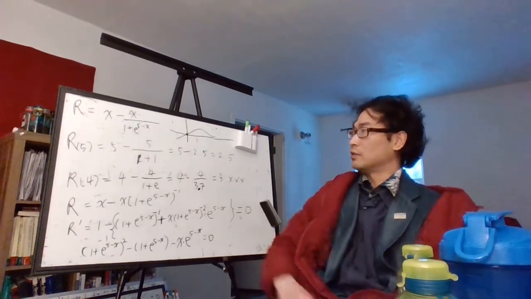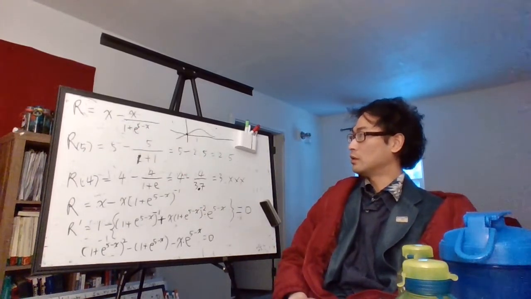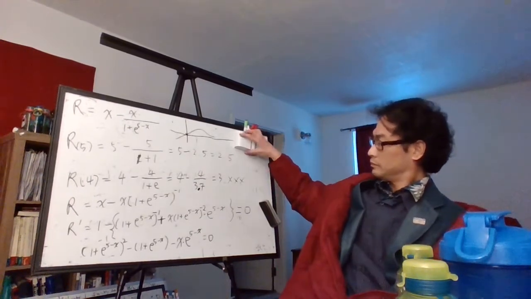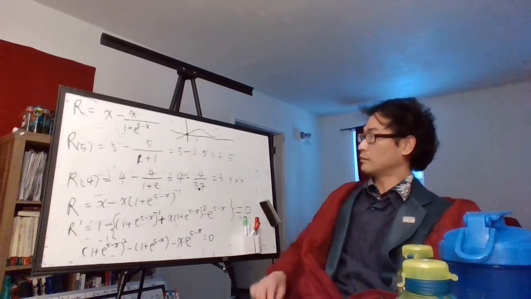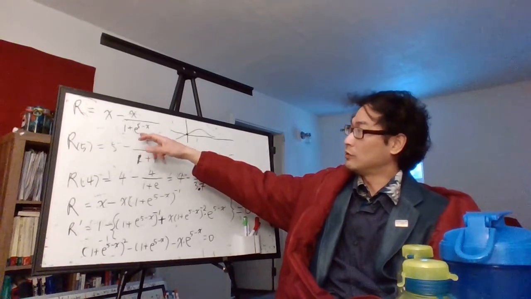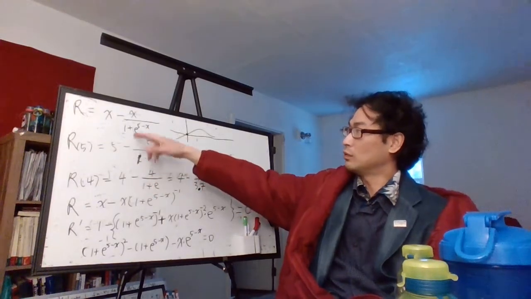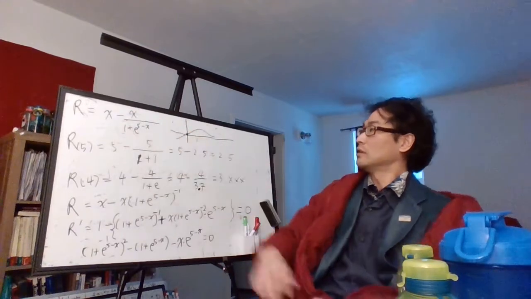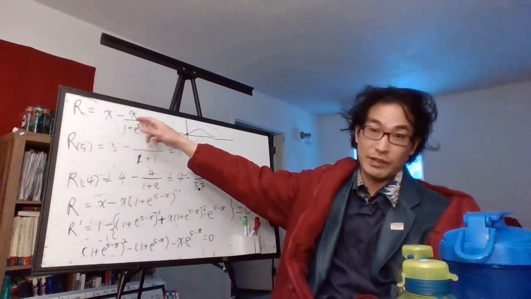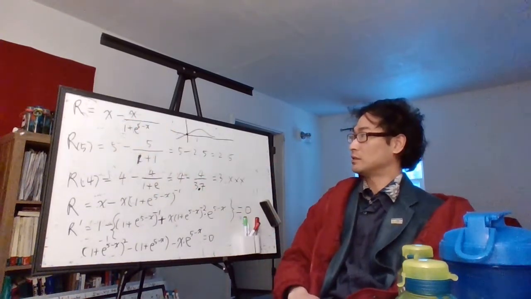That's our reference function. As x goes to infinity, 5 is our a. So e to the minus x becomes 0, and you have x minus x. It becomes 0, because it's an infinity minus infinity type, right?